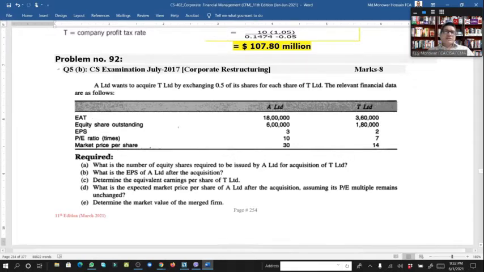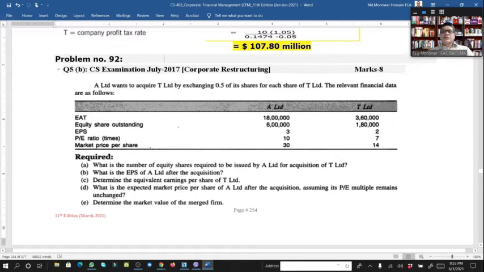So here requirement is that 5 requirements, very small requirements. What is the number of equity shares required to be issued by A limited for acquiring T limited? A limited wants to acquire T limited. So what is the exchange? That means 0.5. A limited wants to acquire T limited by exchanging 0.5 of share.